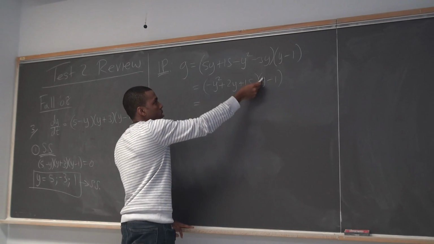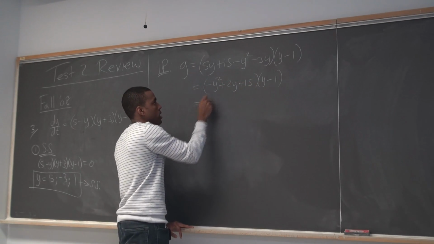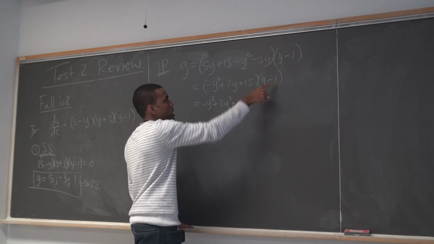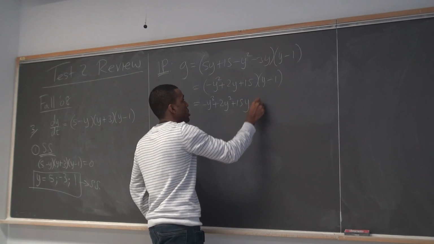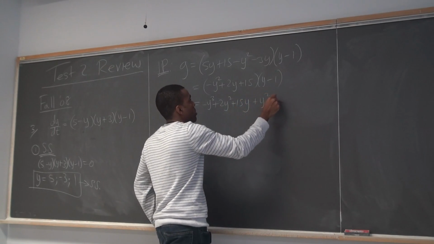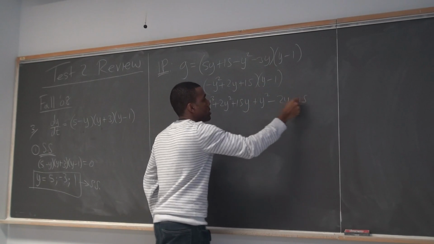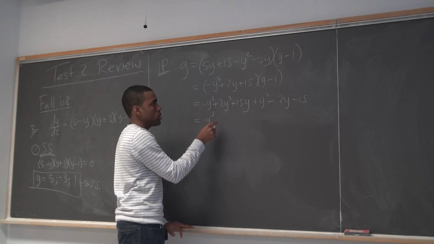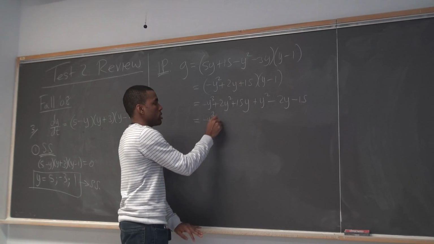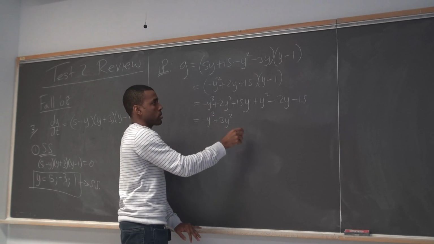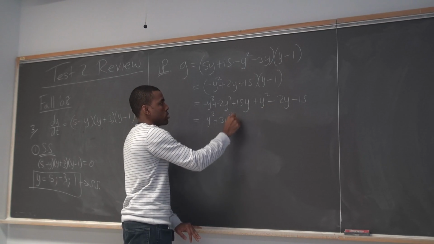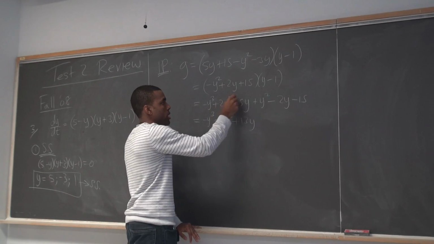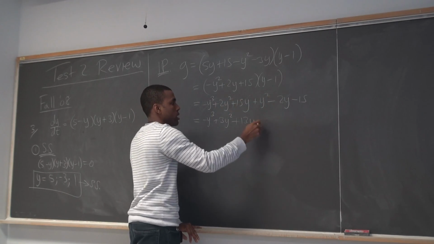You can expand again, take the y, multiply everyone in here, I get minus y cubed plus 2y squared plus 15y. Take minus 1, multiply everyone here, I'm going to get plus y squared minus 2y minus 15. Simplify that a little bit: minus y cubed, 3y squared, 15 minus 2, 13y.